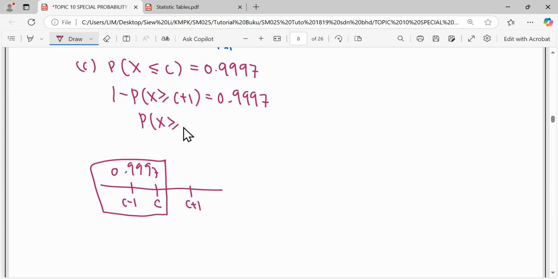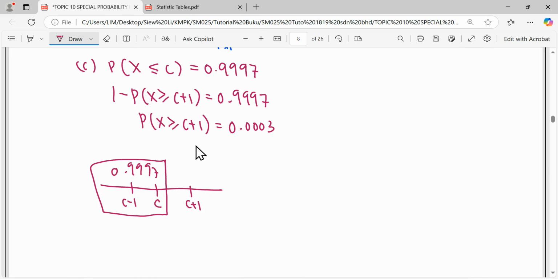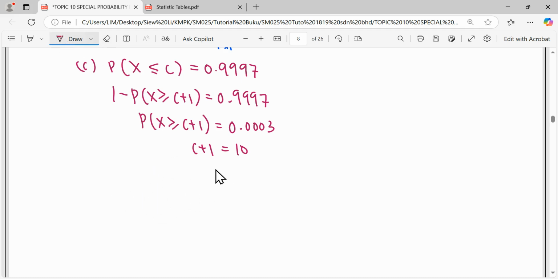So P(X ≥ c+1) equals 1 minus 0.9997. Simplify this, move the 1 to the right-hand side. So 1 minus the more than part gives this region. We read what reading can give you a probability of 0.0003. It comes from 10, which means c plus 1 is a reading of 10. So c will be equal to 9.